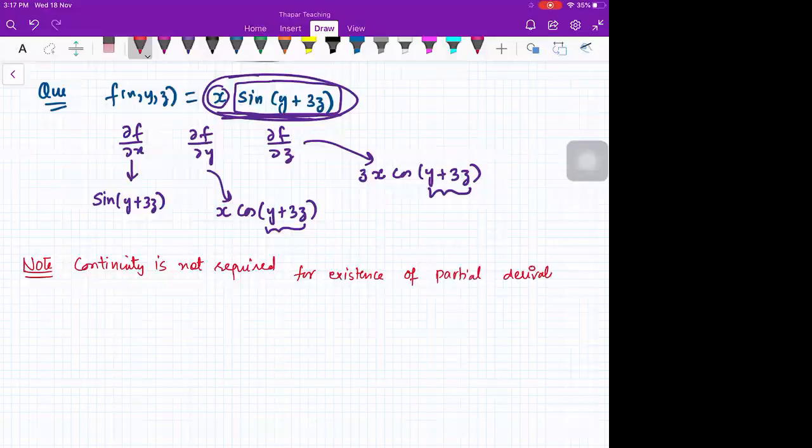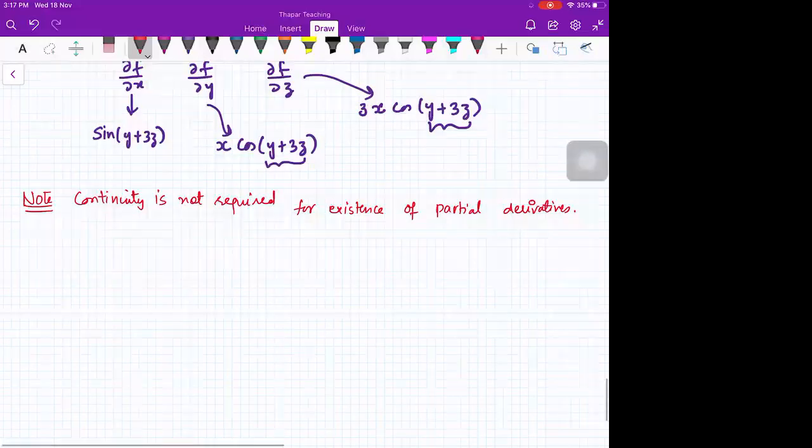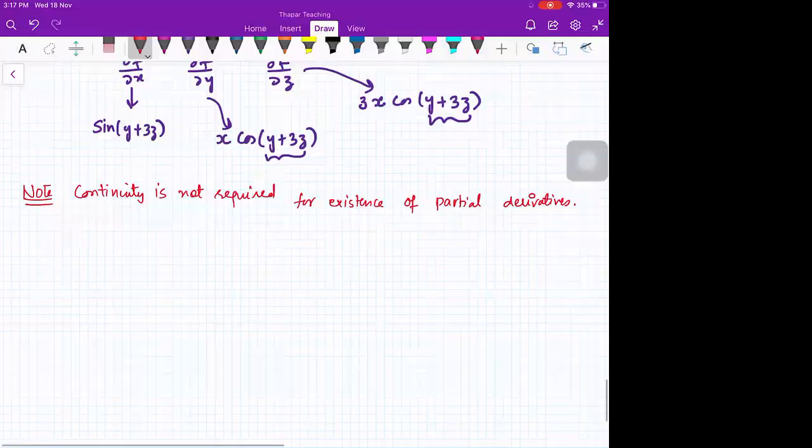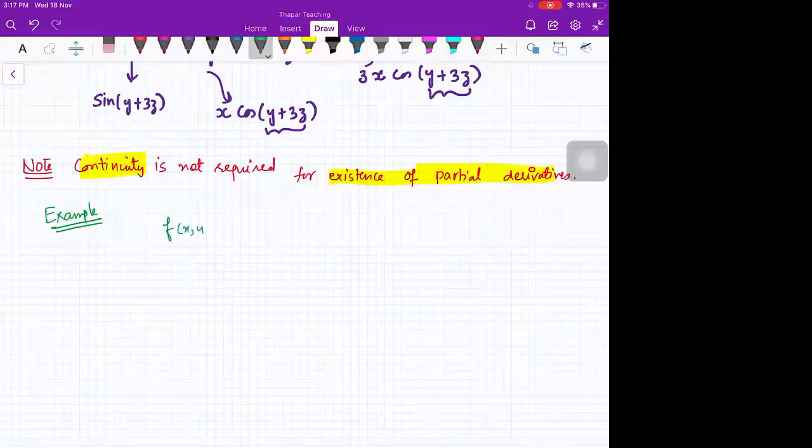Okay, we know in the case of a single variable, for a function to be differentiable it has to be continuous. But here, continuity is not required for partial derivatives. An example we have already discussed: look at this function f(x,y) equal to 0 when xy is non-zero and 1 when xy is 0.